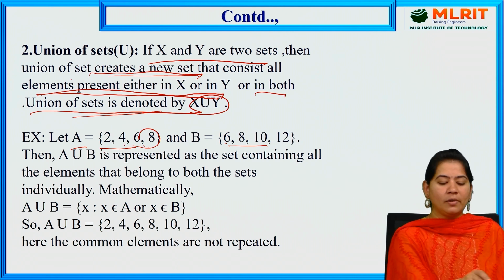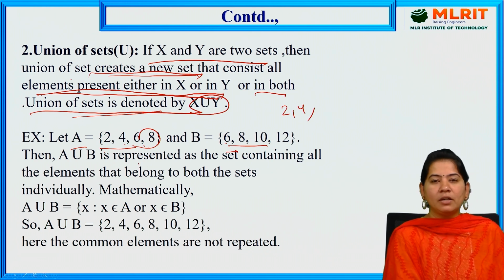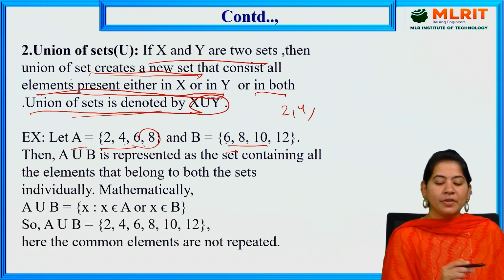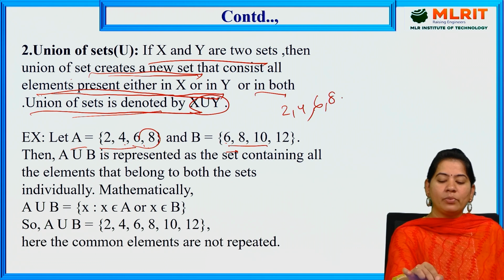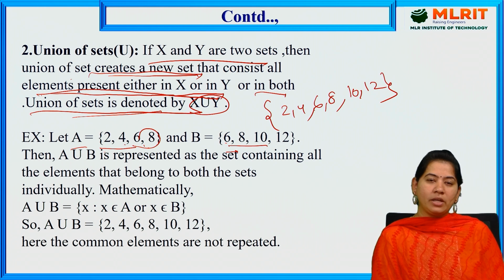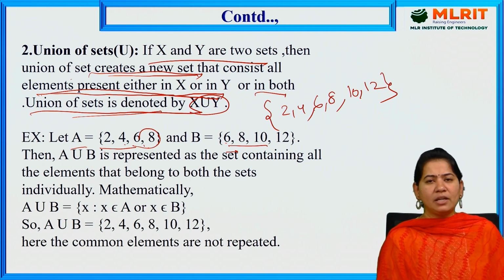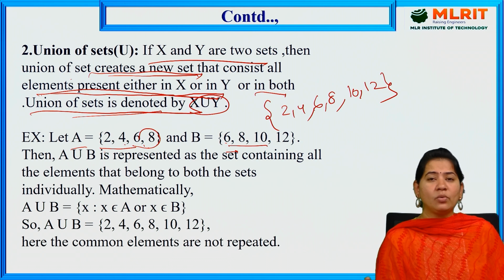So 2, 4 are not there in set B, let them be here. Now 6, 8 we have in both, but you are not supposed to write them twice, so they appear only once. And next we have 10, 12. This is called union of the sets, where you are combining both the sets, and if any duplicate elements are there, they will be there only once.